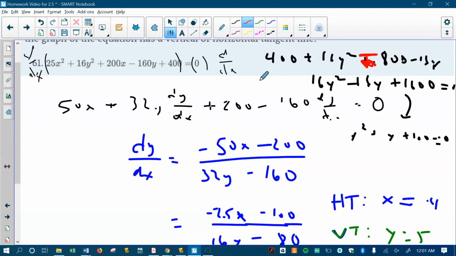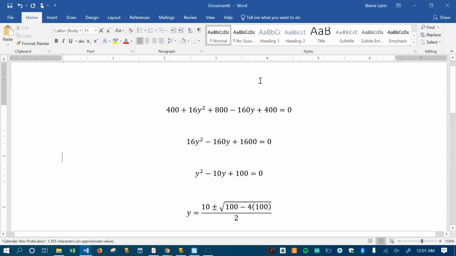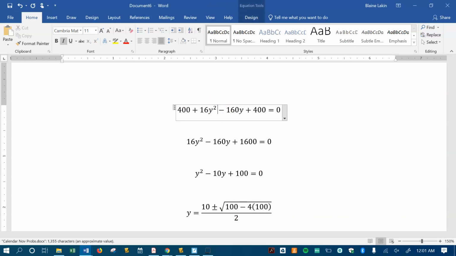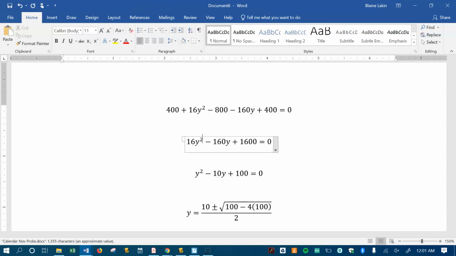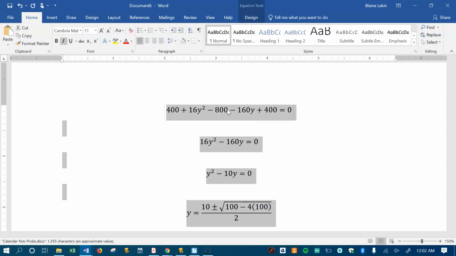Alright, let me clean this up. So this is supposed to be minus. So that's going to be 16y squared minus 160y. That's going to be y squared minus 10y.